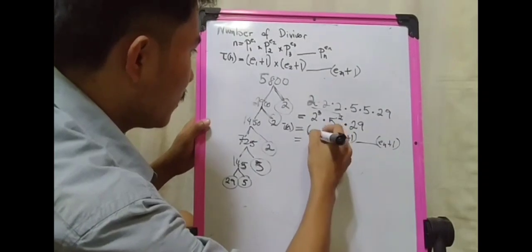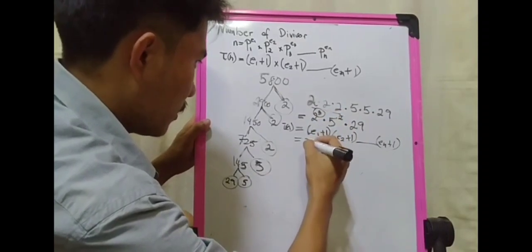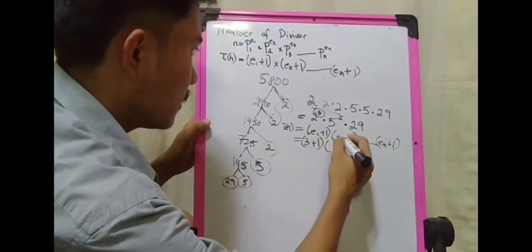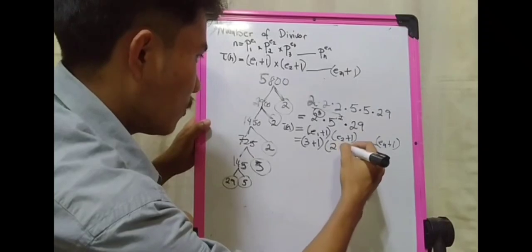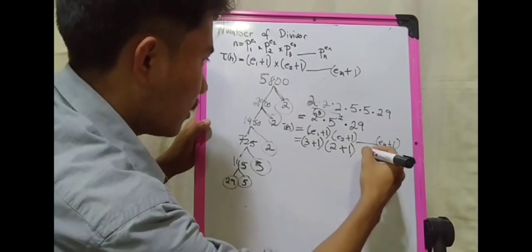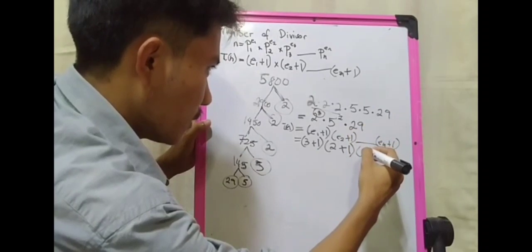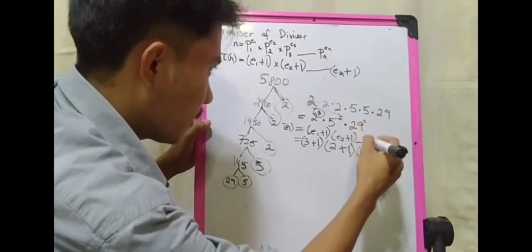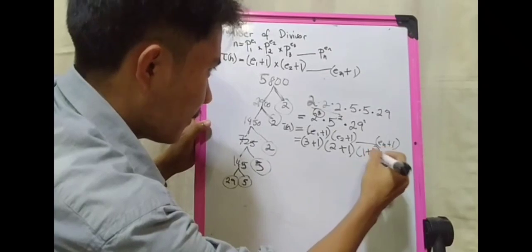Our exponent 1 is 3, so 3 plus 1, times exponent 2 which is 2 plus 1, and our exponent 3 is 1, so 1 plus 1.